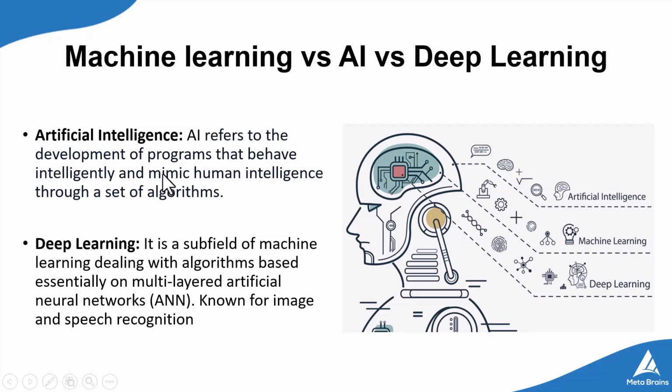AI refers to the development of machines that think like humans. Machine learning trains machines to improve without explicit programming. And deep learning is a subfield of machine learning that deals with algorithms based essentially on multi-layered artificial neural networks. Deep learning is basically known for image and speech recognition.